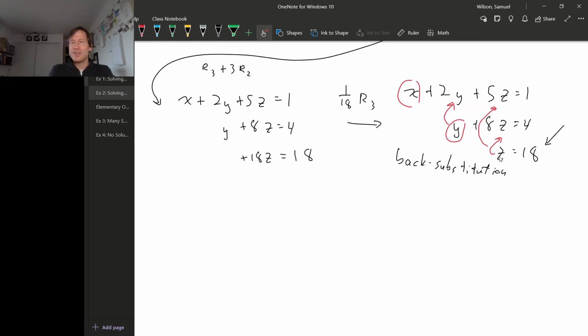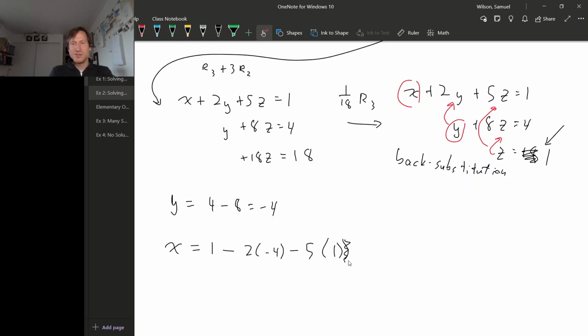So taking our z and putting it into the second equation, we get y equals, I'm sorry, I wrote z as 18. It's not 18, it's 1. So put that into the second equation, you get y is 4 minus 8 times z, which is 1, so minus 8, so that's minus 4. And now that we know y and z, we can find x. So x is 1 minus 2 times y, so 2 times negative 4, minus 5 times z, and z is 1.